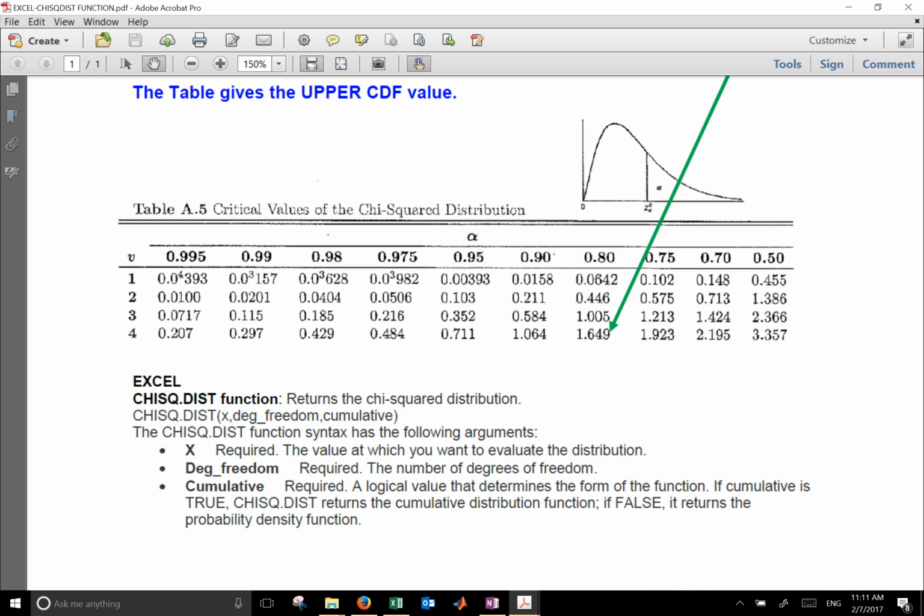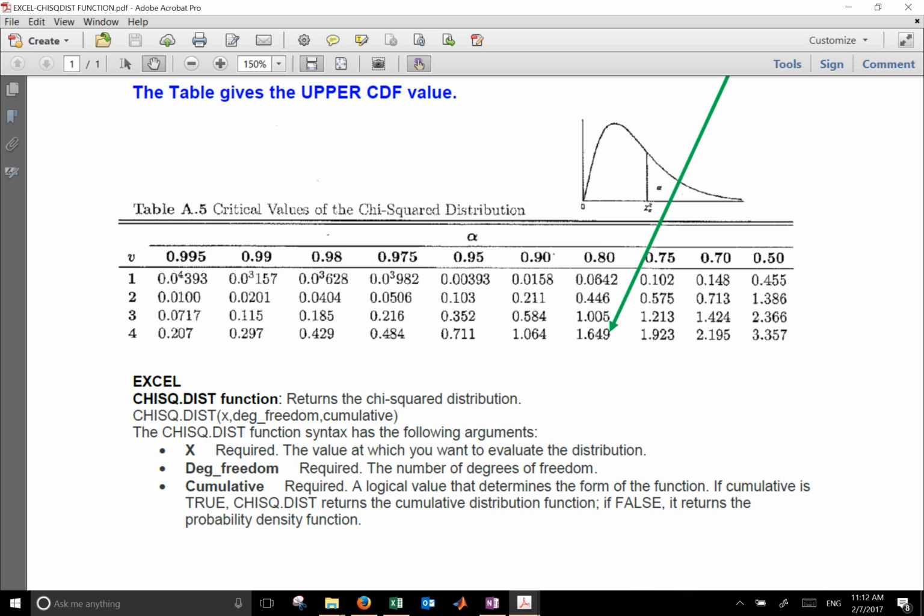It has the following arguments. X is the value at which you want to evaluate the distribution. That means we have to give this location. If I specify this location and also specify the degrees of freedom, then you will be able to tell Excel to calculate the upper or lower CDF values for you.